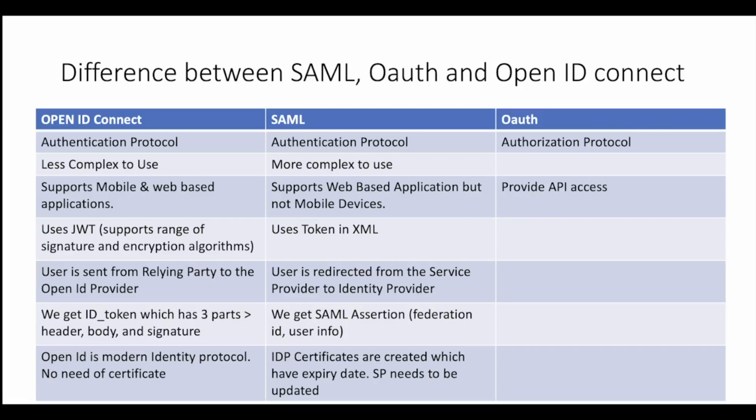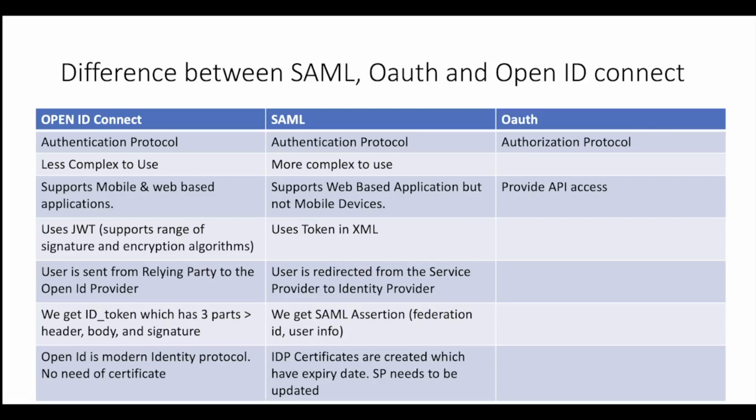The user is sent from the relying party to the OpenID provider. Here, the relying party you can consider as the service provider, which means the application or website which you want to open or use. For example, a user wants to use Salesforce, but he would be redirected to Gmail, or Google, which is the OpenID provider here, and then they will come back to Salesforce.